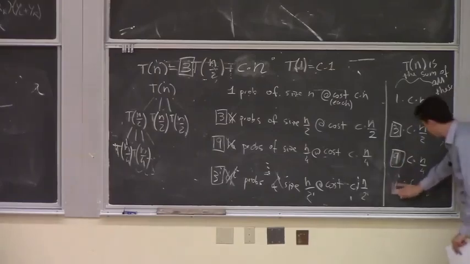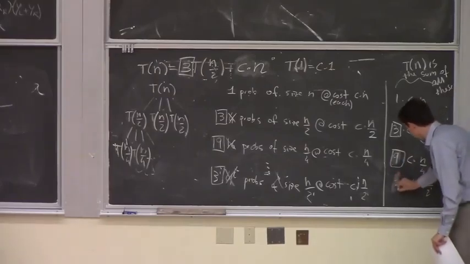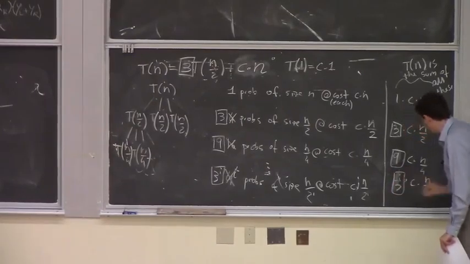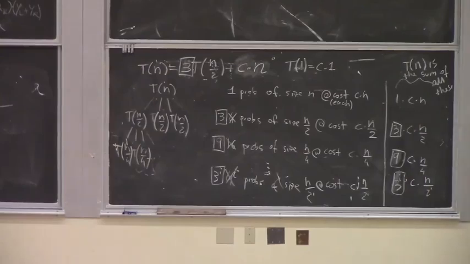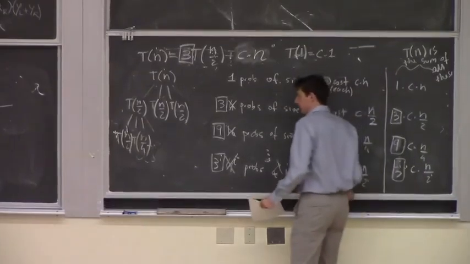And here I will have 3 to the i times Cn over 2 to the i. Are we done with the bookkeeping here? Is there anything else I need to change? I don't think so, unless I made some mistake, but I think it should be fine. Convinced? Okay, so let's put this up there.